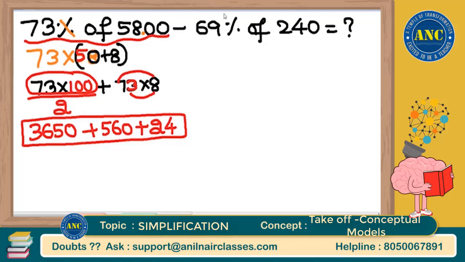Minus, continue again, minus 69% of 240. 69%, what I will do is, I will make it as 70% minus 1%. So 70% of 240: 70% is 70 by 100, or it is 7 by 10. 7 by 10 into 240 is 7 into 24, which is 168, right? 168 minus 1% of 240, which is 2.4, right?